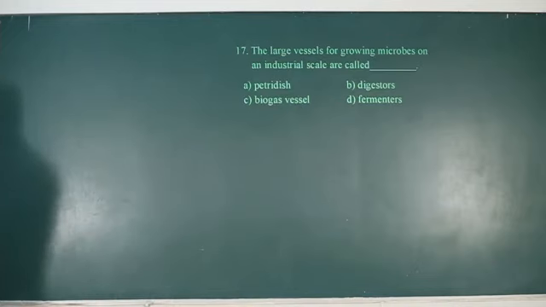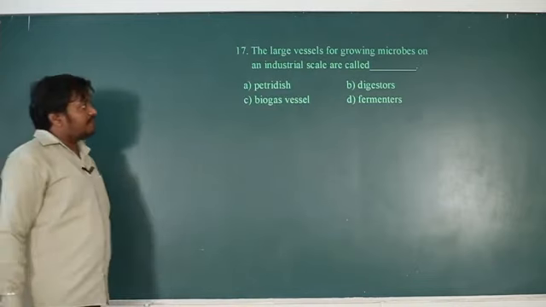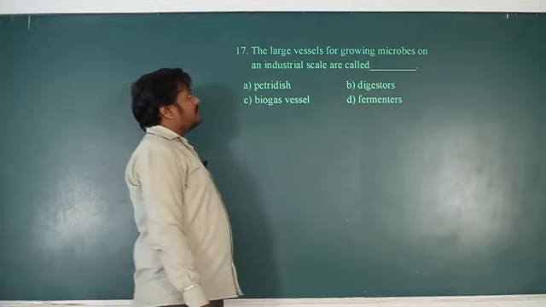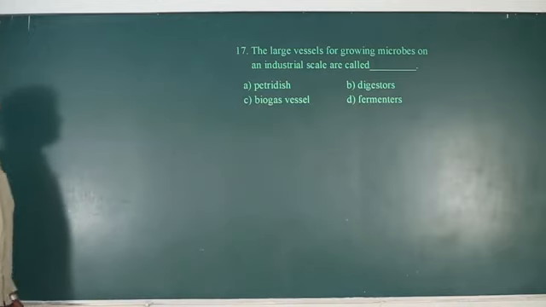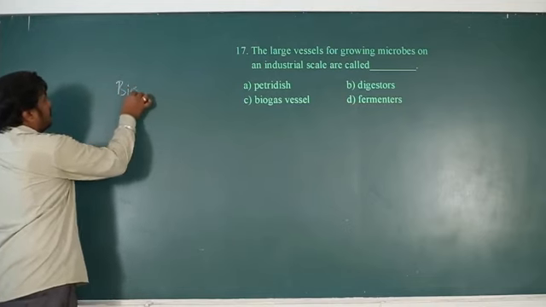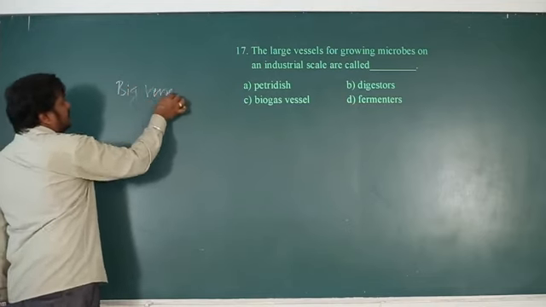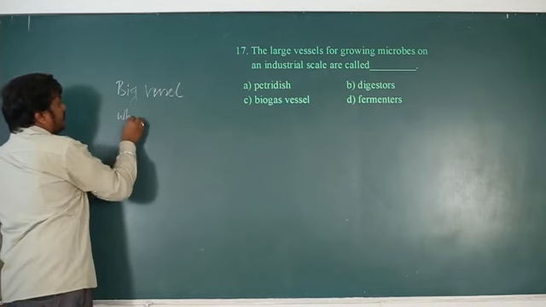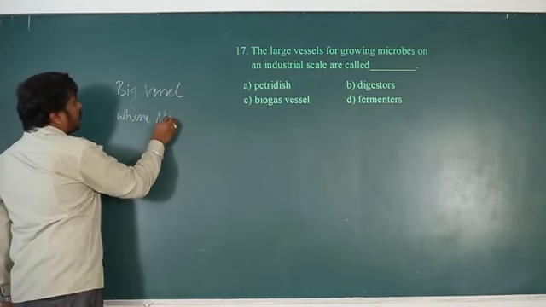Okay, next. The large vessels for growing microbes on an industrial scale are called, okay, big vessels where we can culture the microbes.